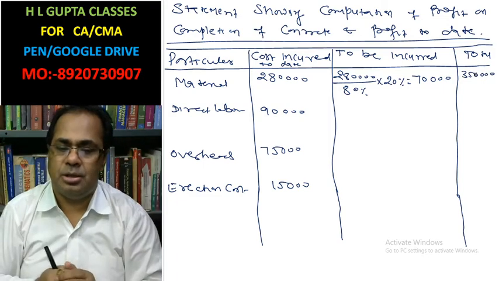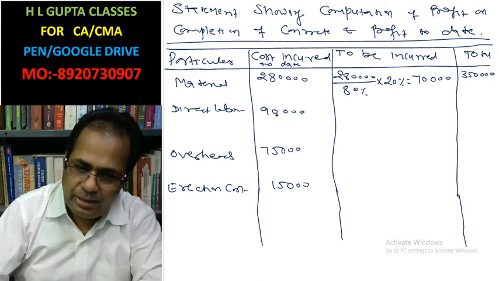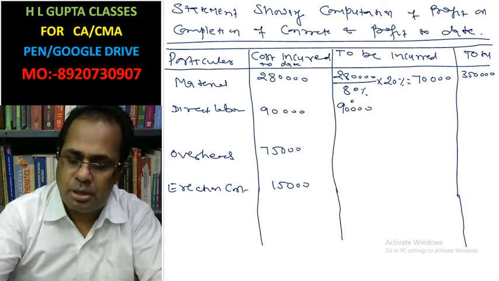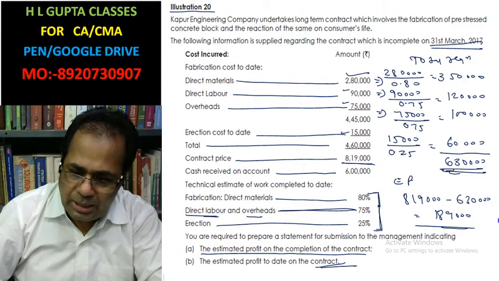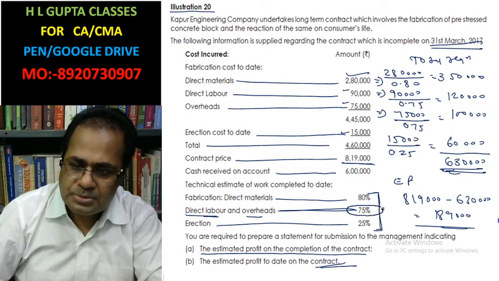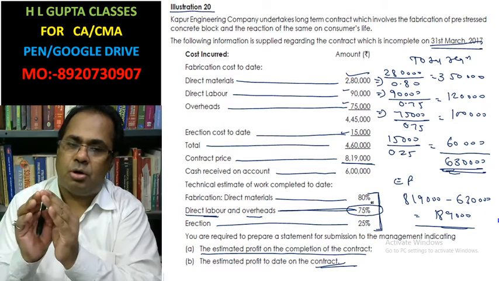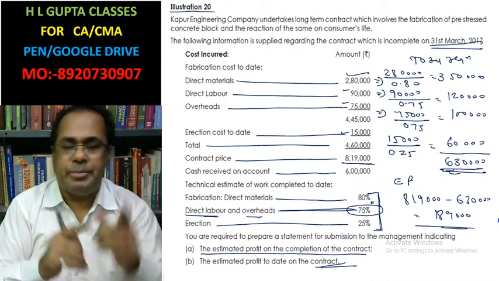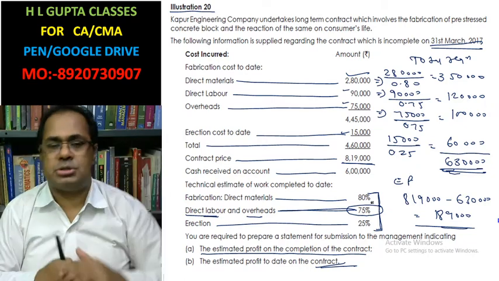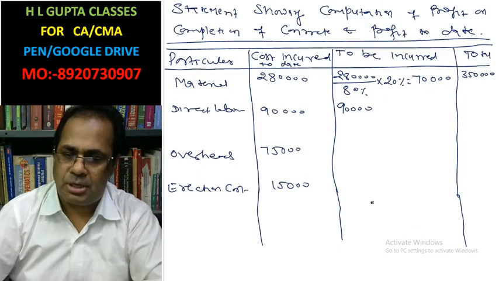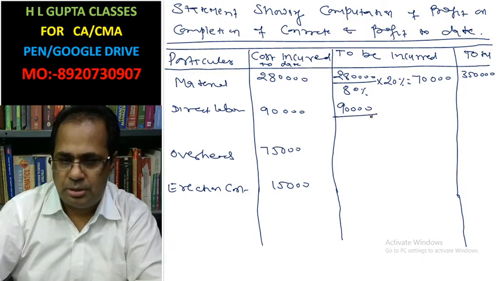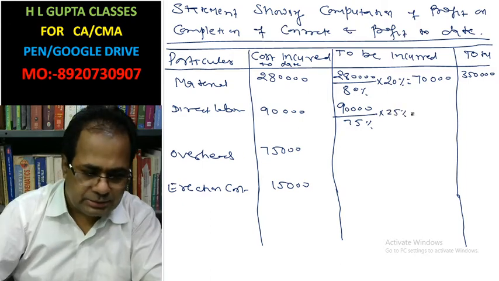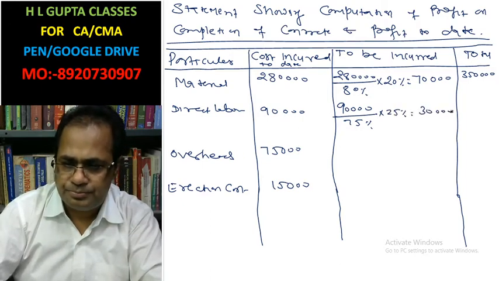Similarly, direct labor: 90,000 incurred is 75% of the total labor cost. The remaining 25% is still required, and that is 30,000.